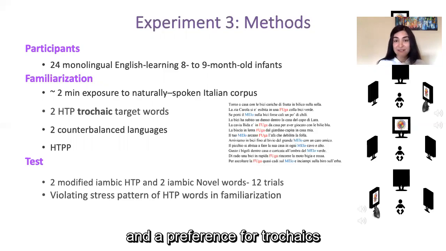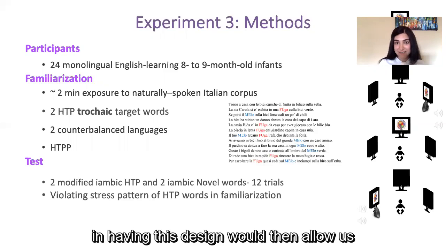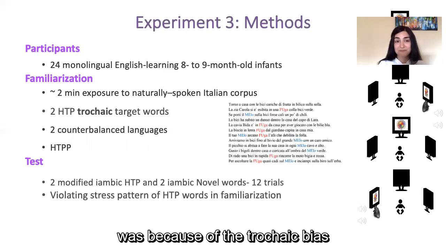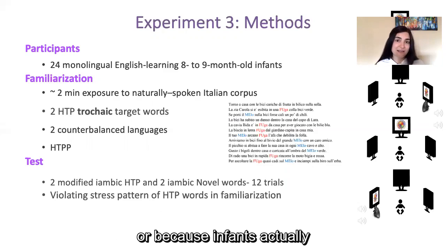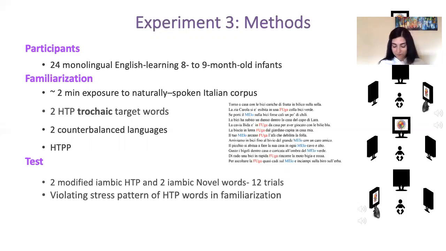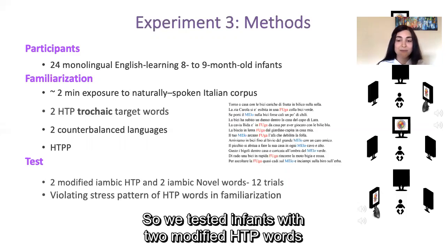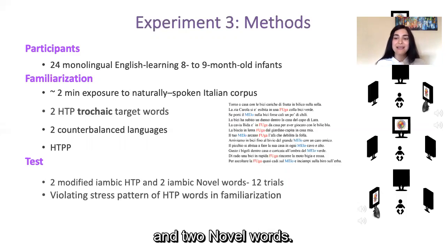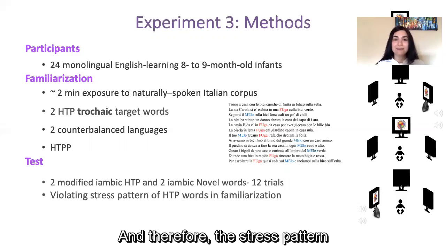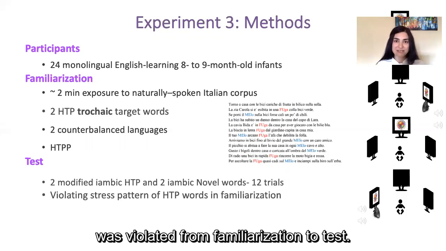And having this design wouldn't allow us to understand whether a preference for trochees was because of the trochaic bias or because infants actually represent stress pattern in these words. So we tested infants with 2 modified HTP words and 2 novel words. All the test words had iambic stress pattern, and therefore the stress pattern was violated from familiarization to test.